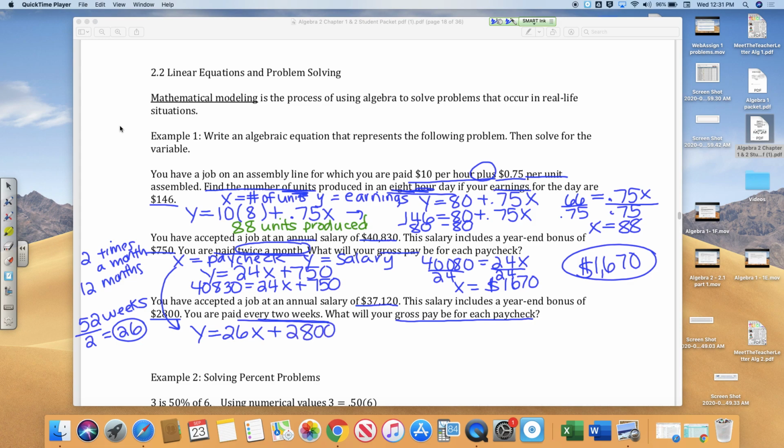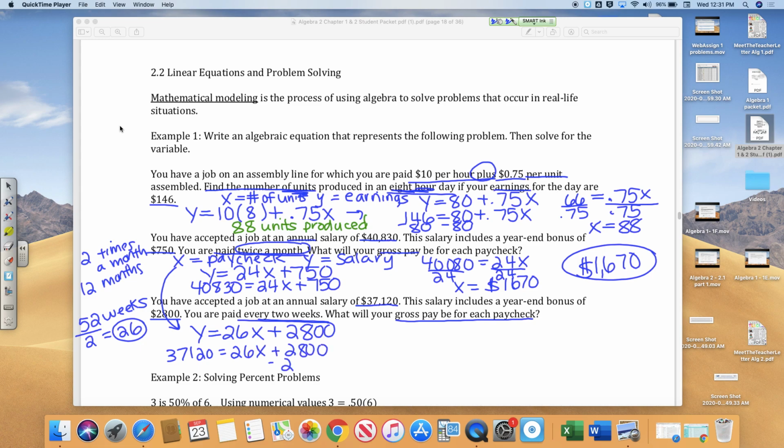That would be our equation for this one. The 26 and 24 are different because 24 represents twice a month, and there's 12 months. 26 is every other week. All right, so I'm going to insert the 37,120 in for y, and then solve for x.